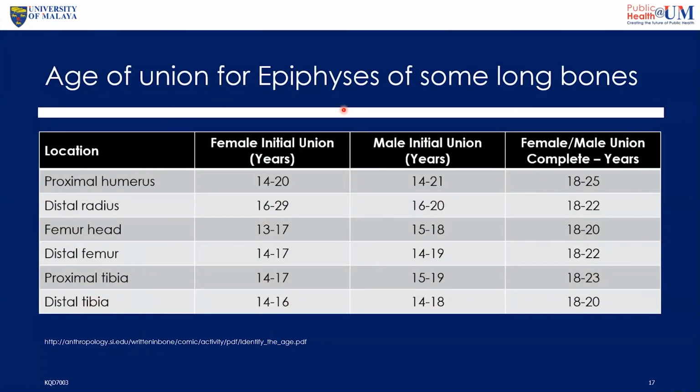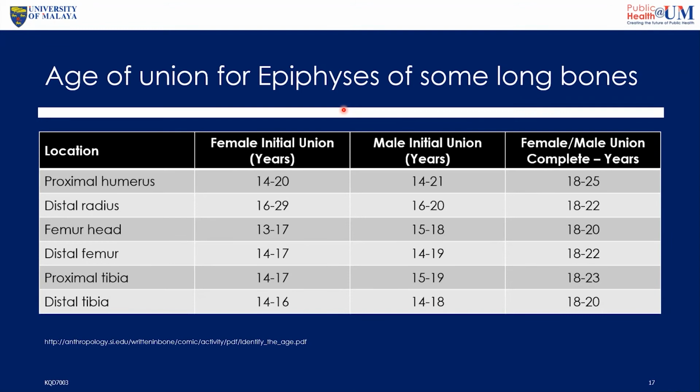Age of union of the epiphyseal plate of some long bones. Basically, what it means is that when the union occurs, you wouldn't see the epiphyseal line in between. All right. So these are some of the years that you can see. So when it's 18 means that they completed union. All right. So that's why 18 is important. Why is 18 important?